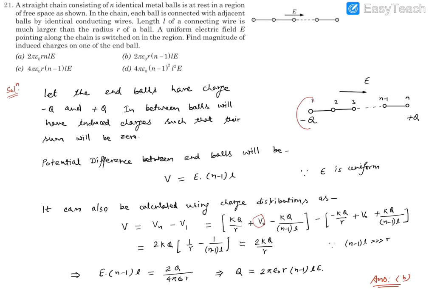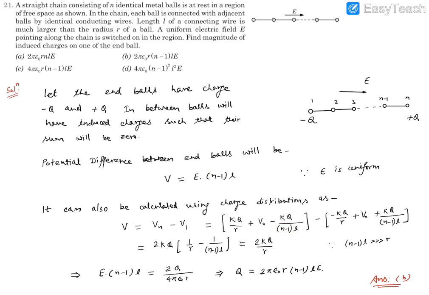And the potential due to the other end ball is again going to be like a point charge, kq upon the distance. Since it carries a minus q charge, it will become minus kq upon the distance. This distance is (n minus 1) times L that we have already used.